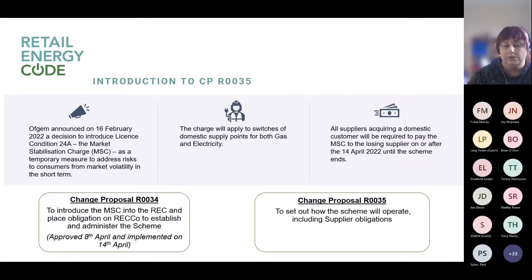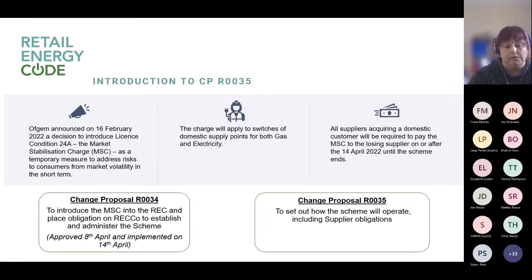The first one, R34, was raised by Ofgem, and was really just to introduce the MSC into the REC and to introduce the obligations on RECCo to establish the governance and operation for the scheme. It wasn't necessarily to set out how the process would work, it was really to do that introduction into the REC. That change proposal was approved on the 8th of April, and it went live on the 14th of April, in line with the licence condition change effective date.